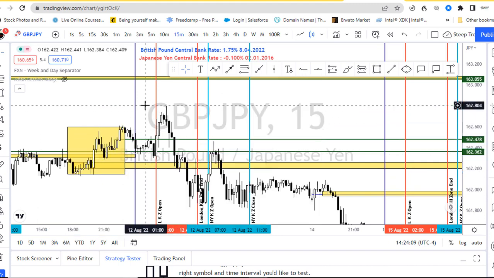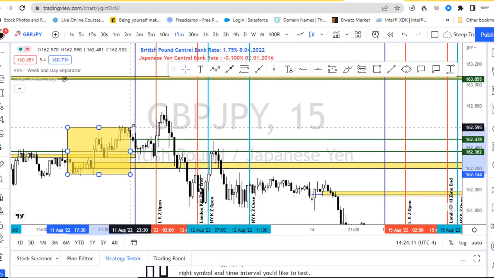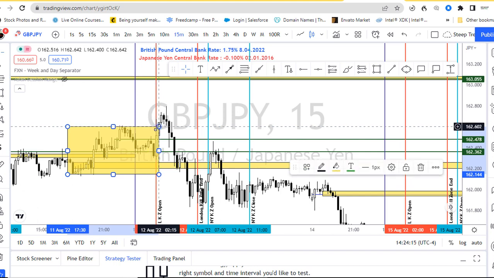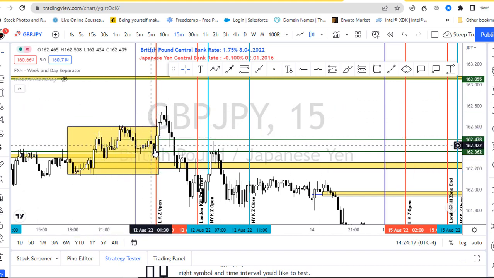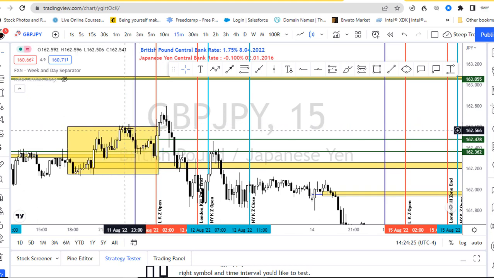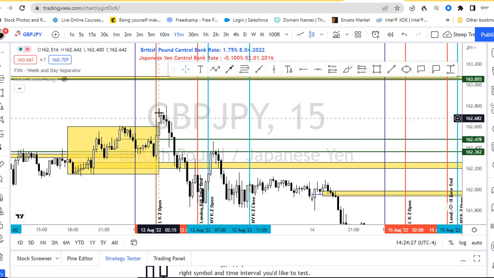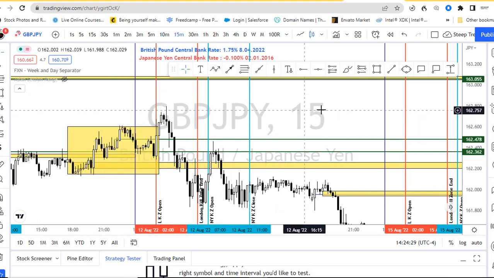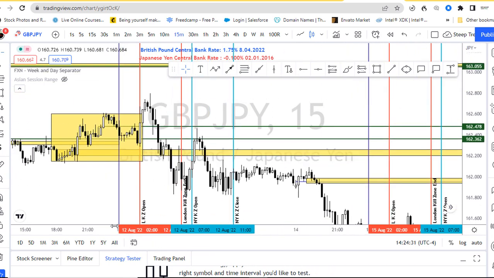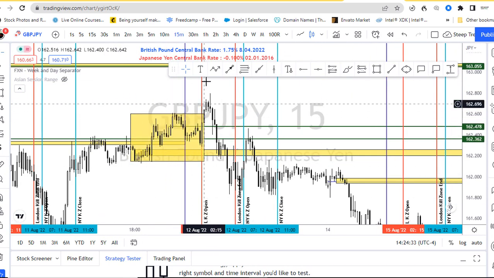So here goes the high and the low of Asia right here, so we'll extend it there. Now, when you get to London, you're looking for price to actually trade up above that Asian high, which it does here, or below it. So you're looking for it to trade above it or below it.